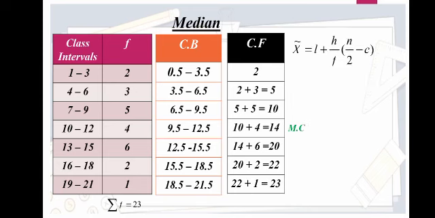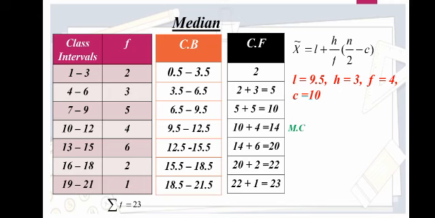Now applying the formula, from that median class we will find the values of L, H, F and C. L is the lower class boundary of the median class. So in this median class, the lower class boundary is 9.5, so L is 9.5. H means the difference between the two classes, that was 4 minus 1, 3, so H is equal to 3.